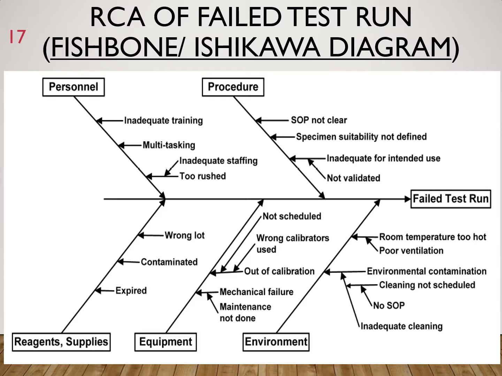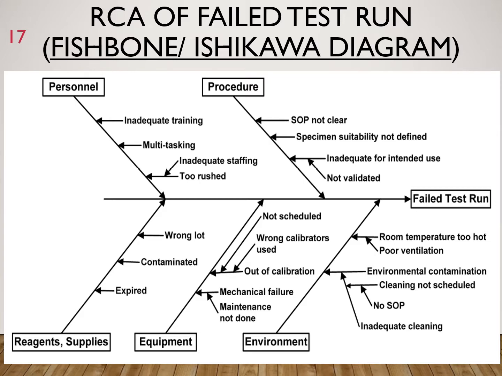The issues with the procedure could be due to lack of clarity in SOP, suitability of the specimen for the procedure is not defined, invalid or inadequate procedure for the intended use. Problems affecting the reagents or supplies can be due to expired, contaminated, or wrong lot. Issues with the equipment may be mechanical failure due to no maintenance or out of calibration due to wrong calibrators.